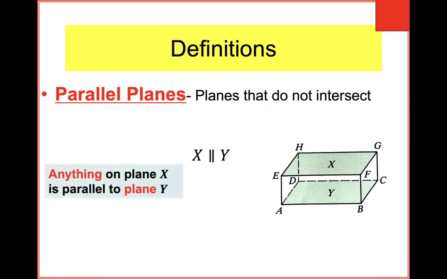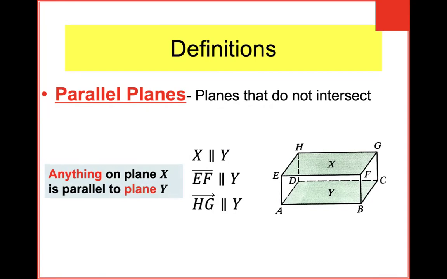And if there are things on plane X and things on plane Y, then they potentially could be parallel to each other. For instance, EF is a segment, and it would be parallel to the plane. HG is a ray, and HG would be parallel to plane Y. So anything on plane X would be parallel to plane Y.